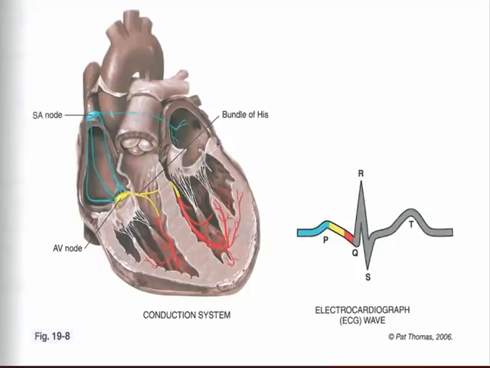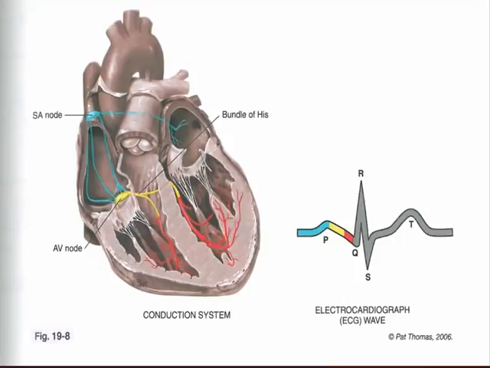So if we take a patient's pulse and it's 46 to 48, then perhaps the AV node has become the pacemaker. The AV node then conducts impulses to both the right and left, first through the bundle of His, and then the bundle of His carries the impulse from the AV node to the right and left bundle branches and eventually to the Purkinje fibers.